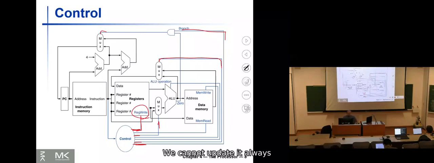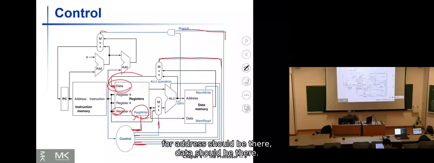We cannot update it always. When the data for the register that we want to write is ready here, and the address is here, then we have this write. As we talked about in the reflection, for a write, the address should be there, the data should be there, then the write signal comes. This is the write signal.